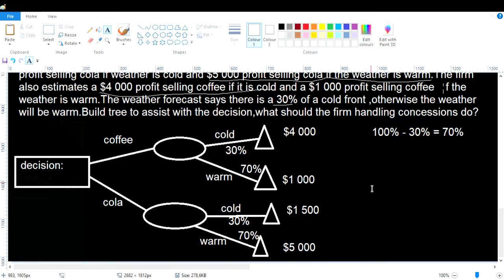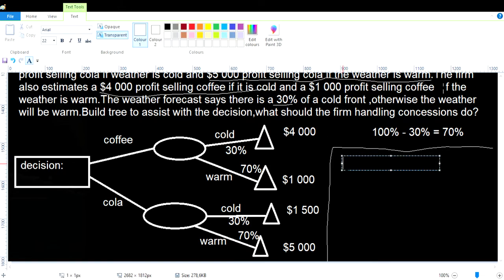So now let's calculate the expected value. Let's start by this one.